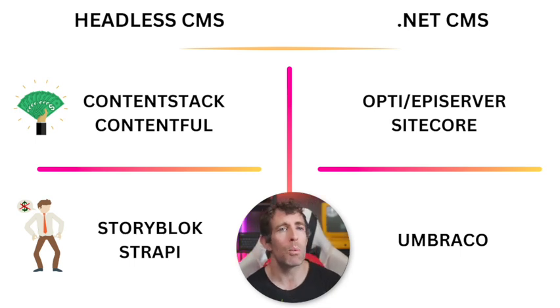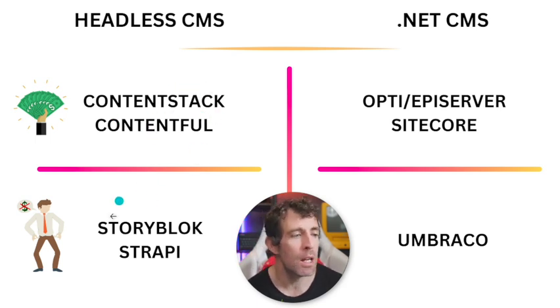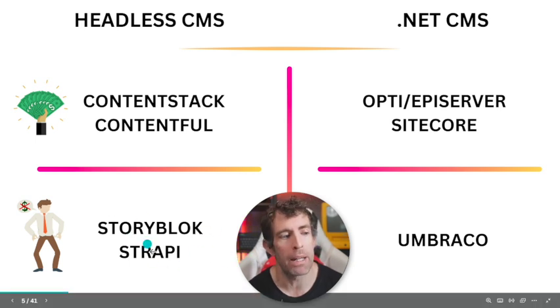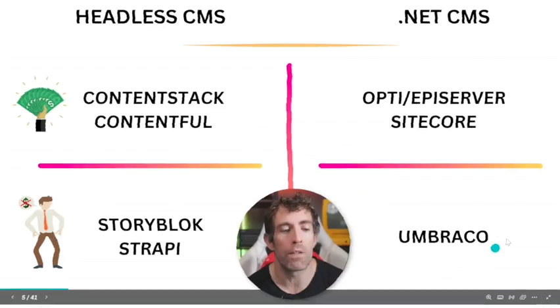Now, going back to when I was working in an agency, if a prospect came to me and said, we want to do headless, then if they had a lot of money, it would probably be a Contentful or a Contentstack. If they didn't have the same budget, maybe it would be a Storyblok, a Strapi, a Sanity. And if I'm honest, Umbraco didn't really go into that conversation.